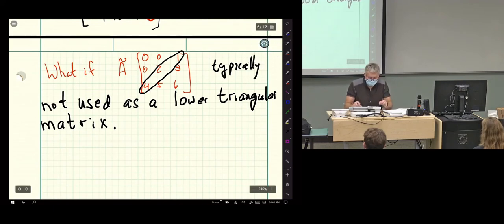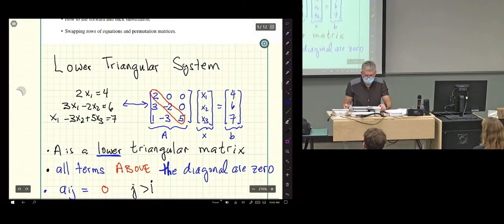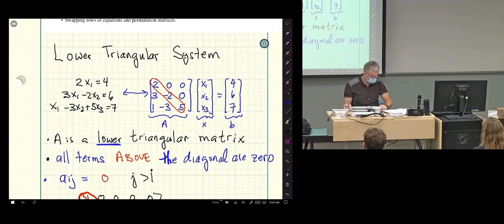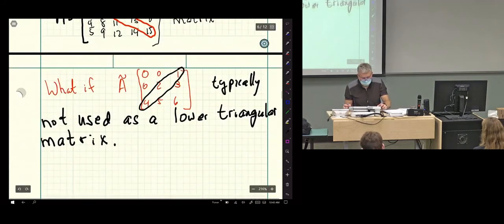We're going to move on and start looking at how do you solve systems of equations when they're lower triangular. Okay?